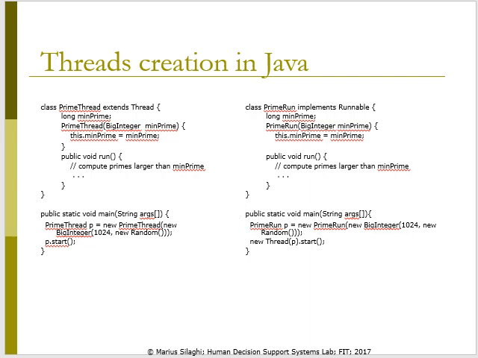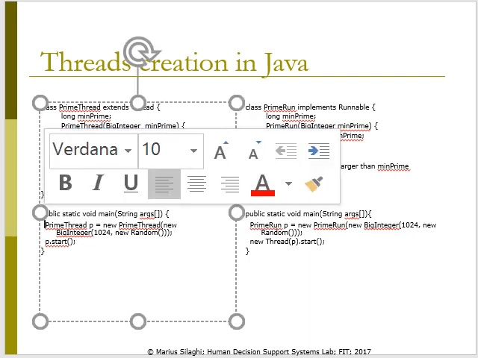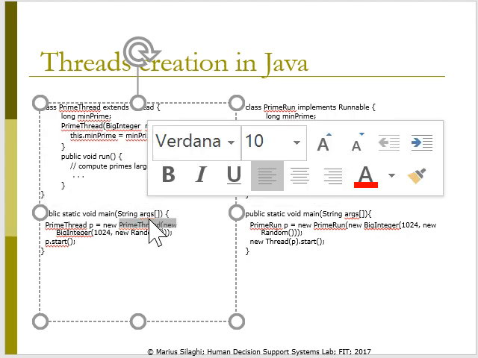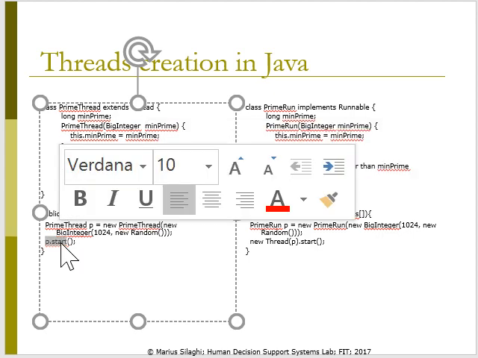Then the main difference between the two implementations lies in the way the thread is started. With the extension of Thread, the way to start a new thread is to create an object of the class that extends the Thread class, and then call start on it.